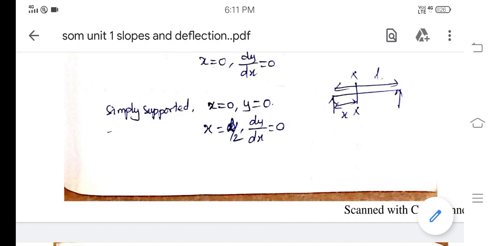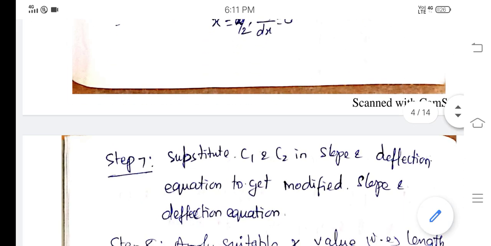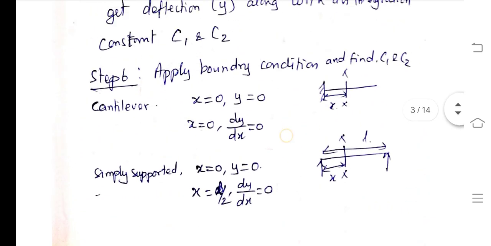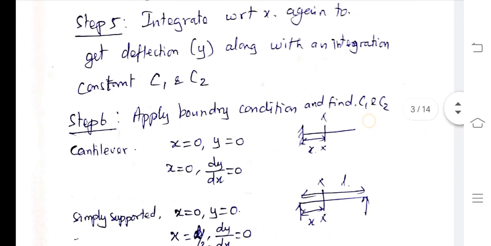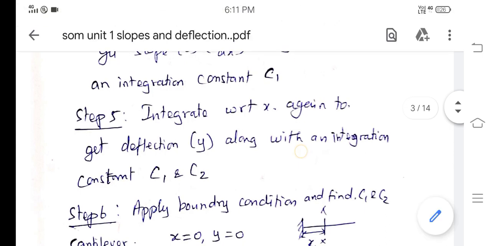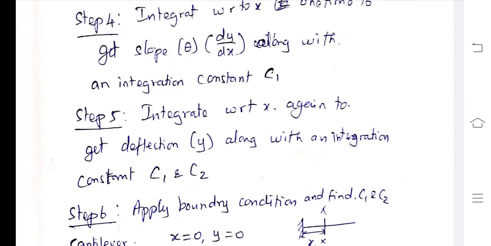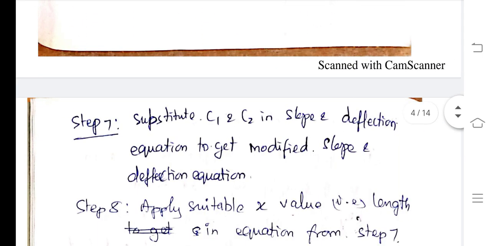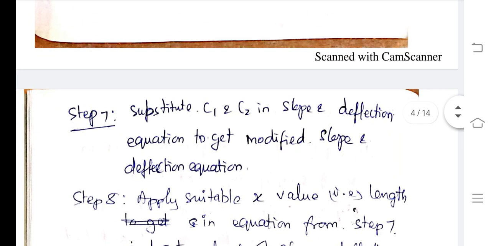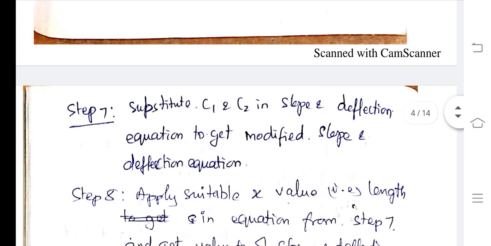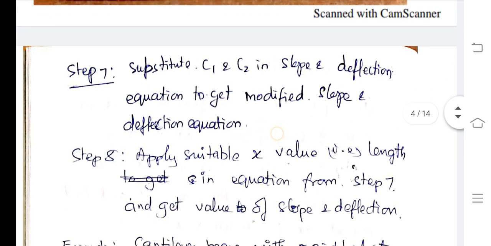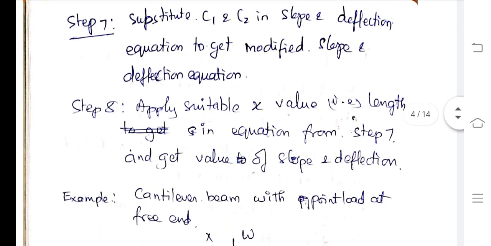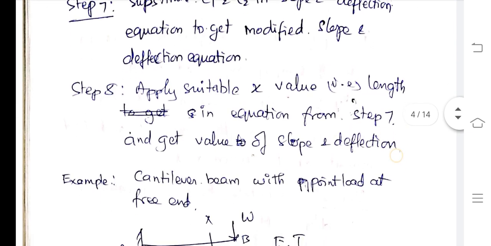Substituting these two boundary conditions in the slope equation and deflection equation, you find C1 and C2. Then substituting the C1 and C2 values, you get the modified slope and deflection equations. Then substitute the x value and find the slope and deflection at any point for the simply supported beam.